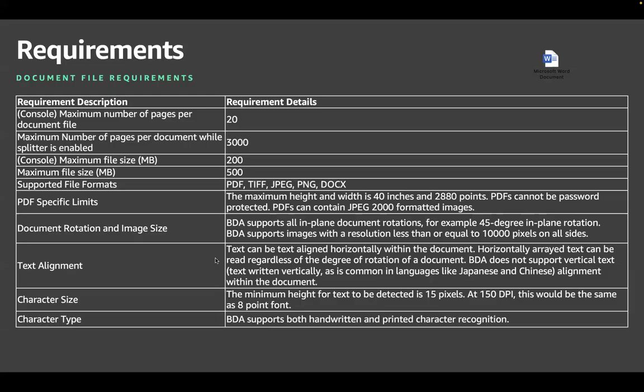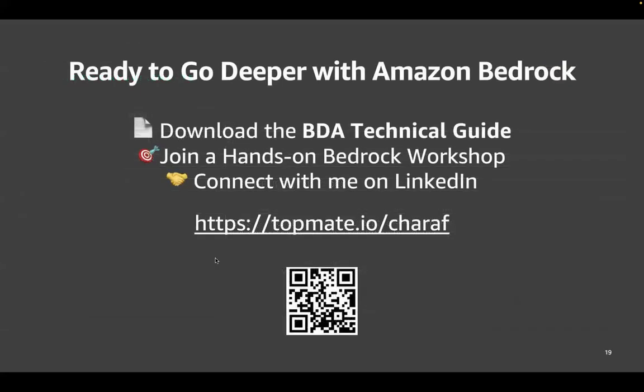Also, the file size for an API-based application is 500 megabytes per file, while in the console the maximum is 200 and so on. The supported formats, as we have seen today, are images such as JPEG, TIFF, and PNG, and documents and PDF files. I just wanted to include this here so you can have a reference for it.